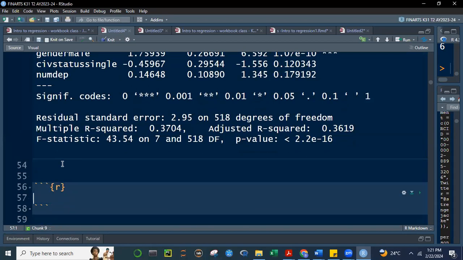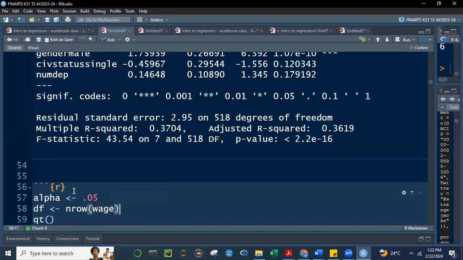Quick review lang, class. So, qt, this is to compute for your critical value. Okay, so what's our P here, class? What did we learn last time? Okay, so gamitin natin alpha is 0.05, and then degree of freedom is n minus the number of predictors, which is 7, but we can create a formula for that, minus 1.